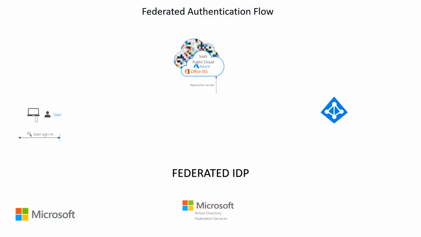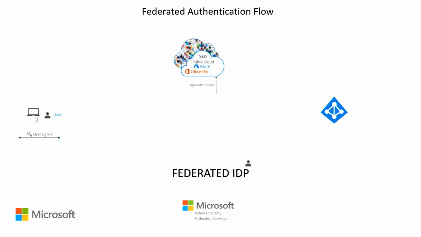Let's look at how a federated identity provider authentication flow works today. A user signing in to one of the web applications, either in Office 365 or a SaaS application that is integrated with Azure AD, is redirected to Azure AD. If Azure AD sees that the user is from a federated domain, Azure AD redirects the user to the federated identity provider.